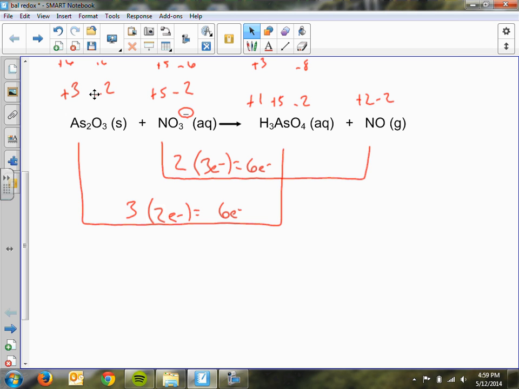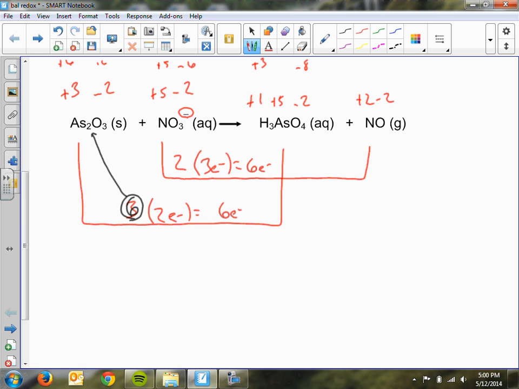Before we actually start writing those down, right here I want to have 3 Ass, but in my problem, I've got a subscript of a 2. Well, there's no way to get 3 Ass when you have an even number of the subscript, which means I'm going to eventually have to change this from 3 to 6.